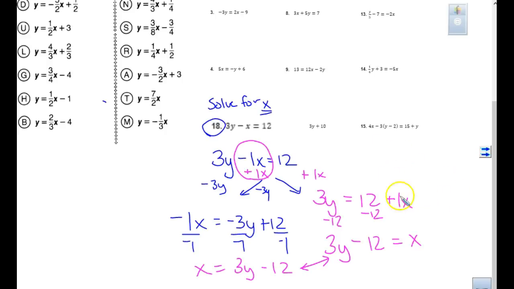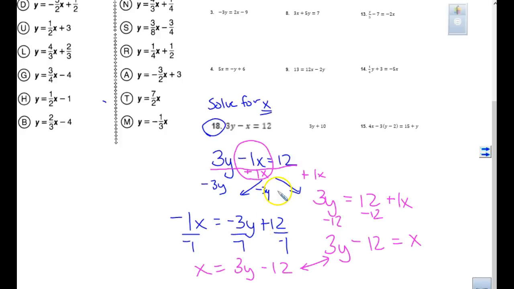Where do you get the negative 3y from? So if I started here, this was the original equation, and I want to get this x by itself, well, how do I get rid of 3y? Minus it. That's how I got negative 3y plus 12.